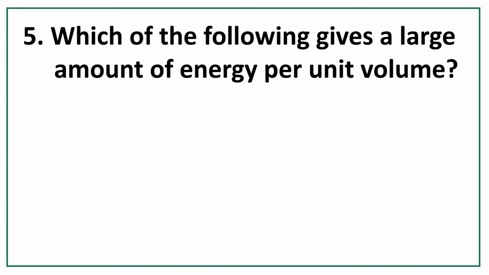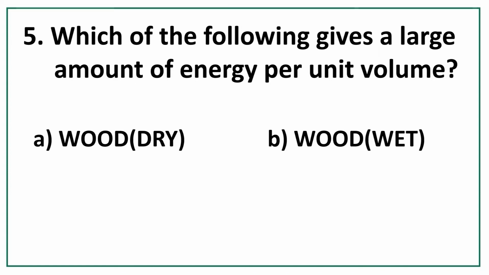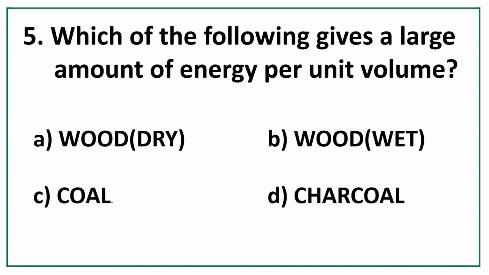The fifth and the final question: which of the following gives a large amount of energy per unit volume? The options: dry wood, wet wood, coal and charcoal. Your time starts. Did you get the answer? Let us see which is the correct answer.